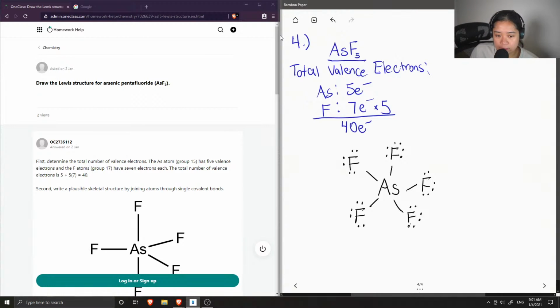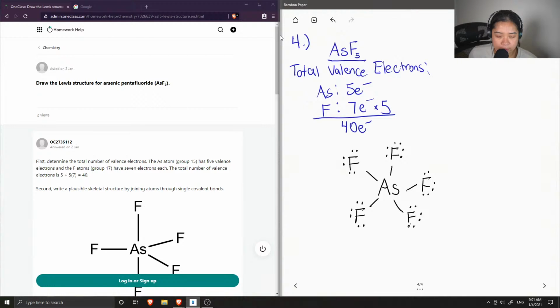Okay, so now I have drawn out all the lone pairs on my fluorines. Let's see if we have 40 electrons drawn in the structure. Each bond contains 2 electrons, so I count 5 bonds, that's 10.